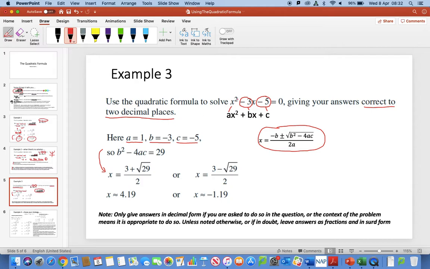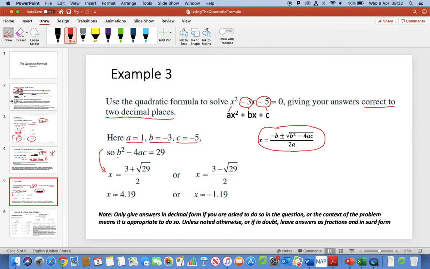Okay, so here A is positive 1, B is negative 3, and C is negative 5. Not just B is 3, C is 5. Always watch the positives and the negatives in front of the numbers.